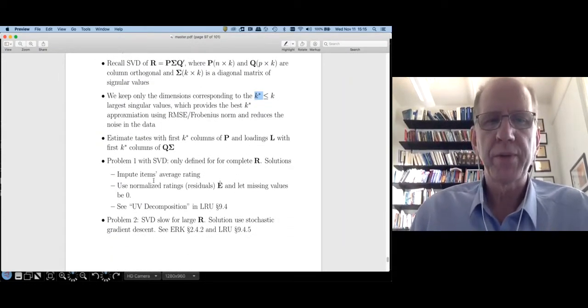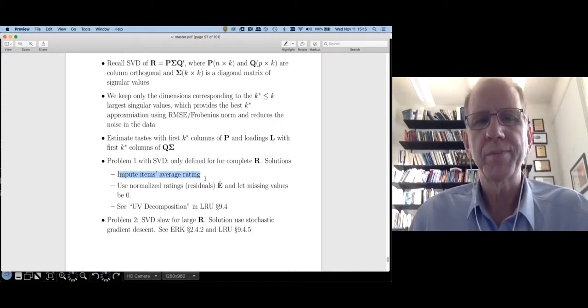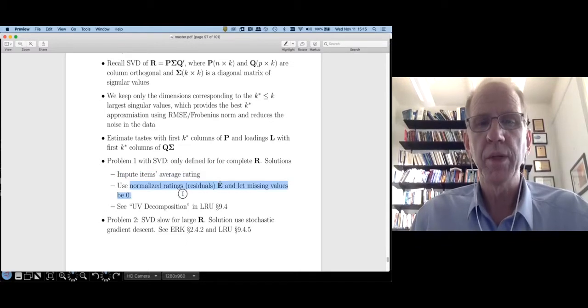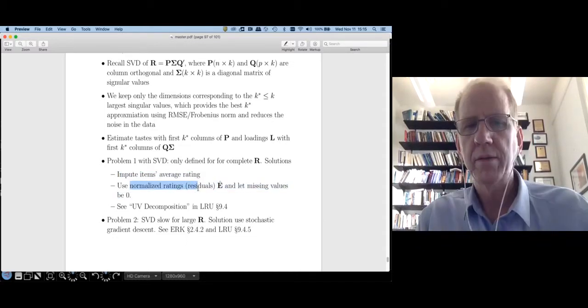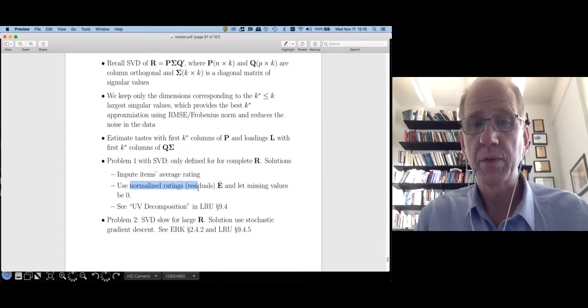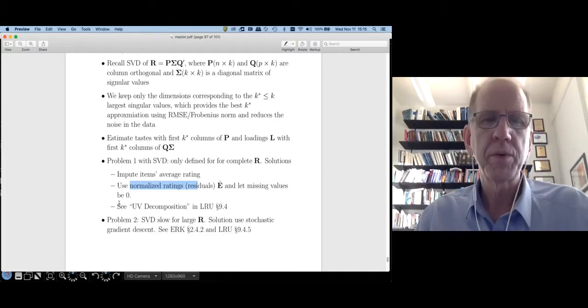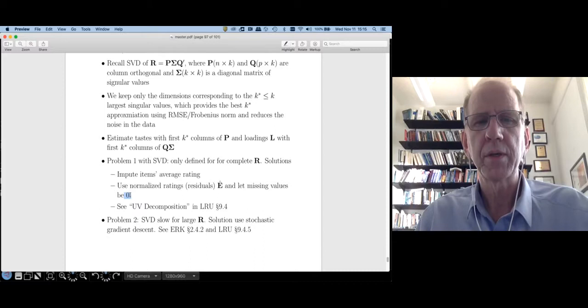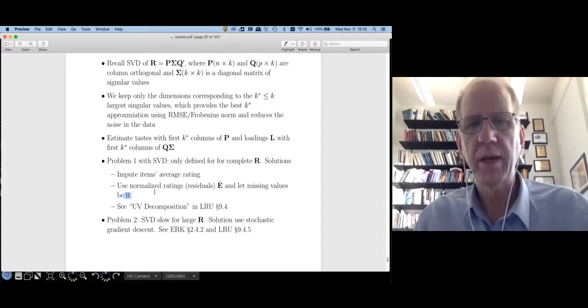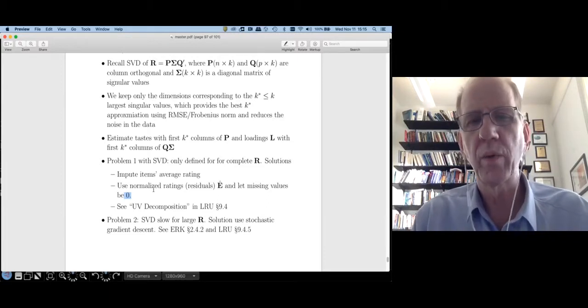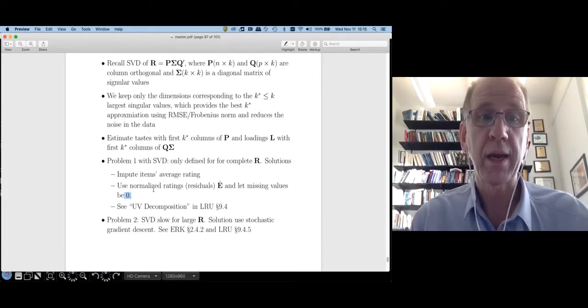Well, we can do a number of things. We could just impute the item's average rating. We could normalize the ratings. This would be by row, so by users, if you will, and then impute zero. So this would be the user average. And this has another benefit of taking out biases in the way that different users use the scale.